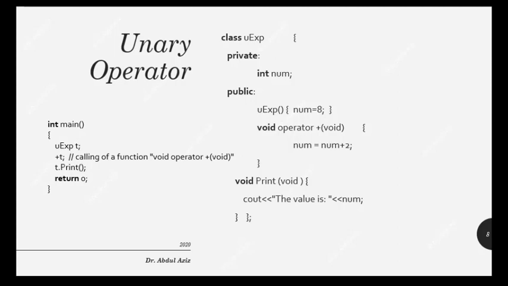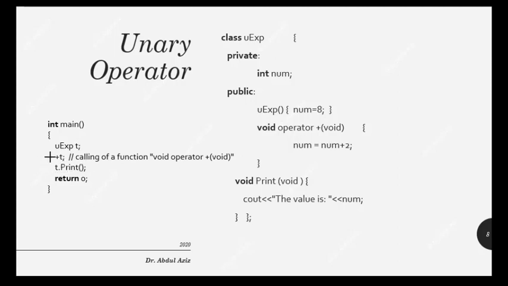And when you call t dot print, you will see that it is going to print 10 on your screen. So at this particular point, we have made two calls. The first call is my operator call, and the second one is my function call, that is t dot print.